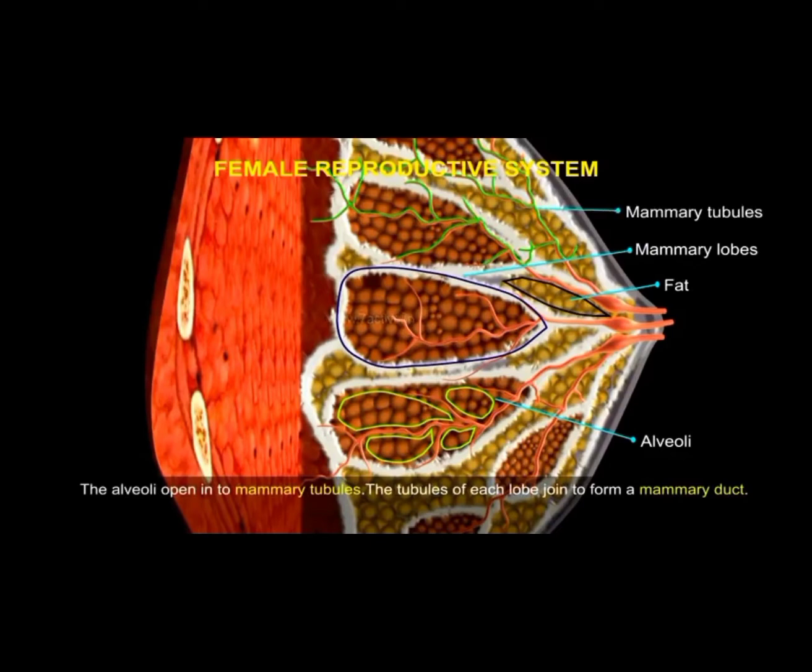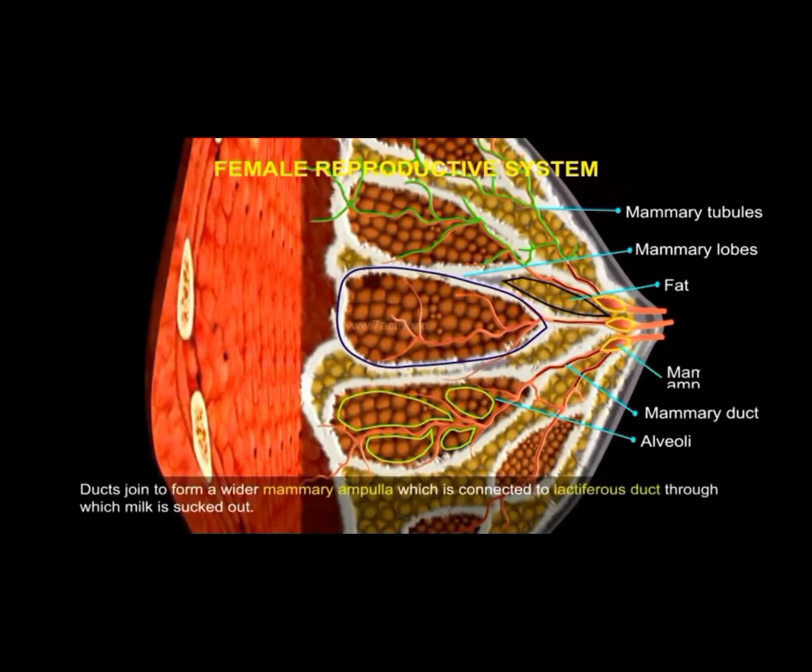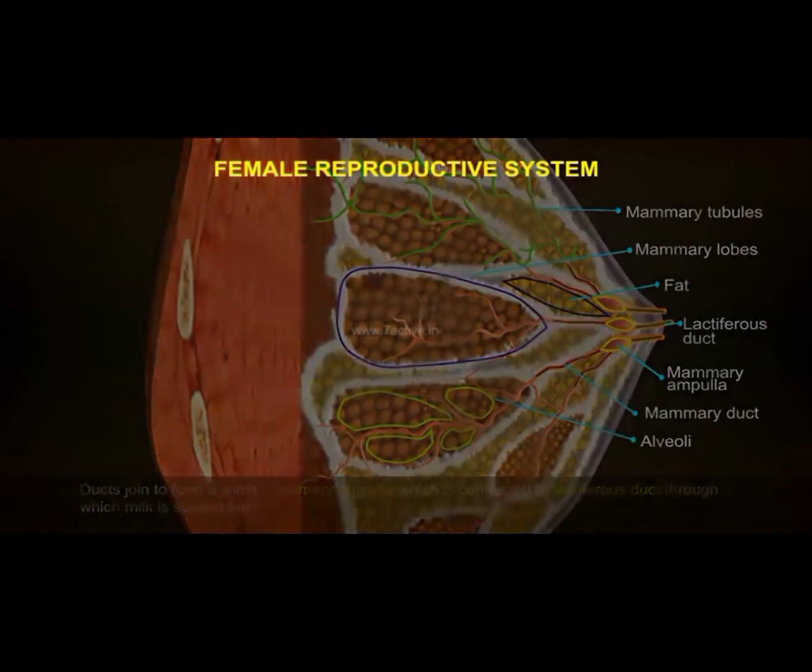The alveoli open into mammary tubules. The tubules of each lobe join to form a mammary duct. Ducts join to form a wider mammary ampulla, which is connected to a lactiferous duct through which milk is sucked out.